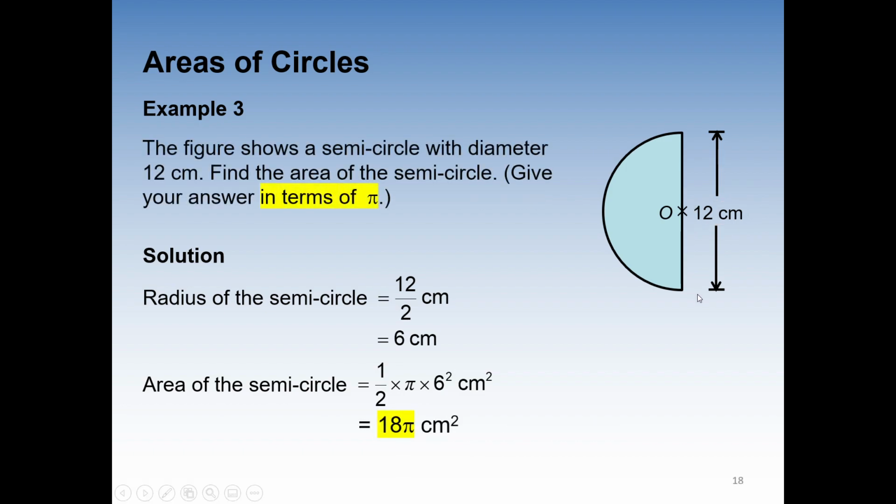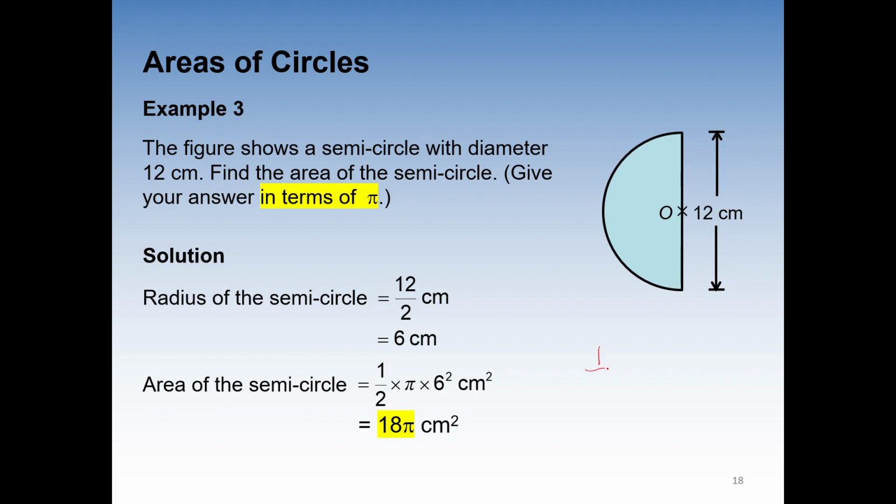In the coming exercise, you may face another type of question. For example, this one. If I ask you to give your answer in terms of pi, then actually we need to use our same skills. We need to apply the same formula, but your answer should be in the correct format. That is, I just want you to calculate all the numerical parts.